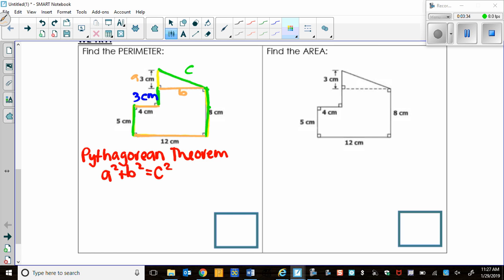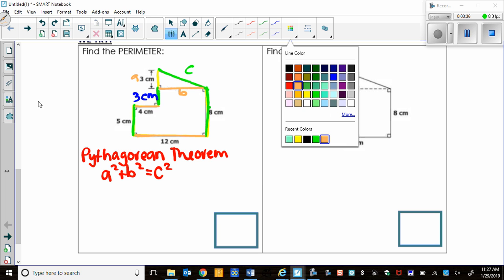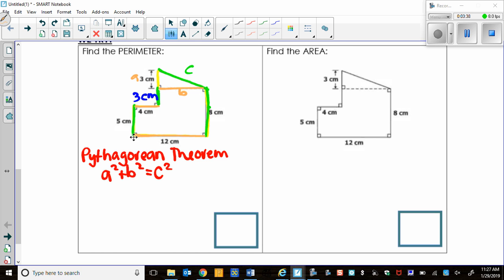If this entire thing is 12 centimeters, and this is 4 centimeters, then if I go straight down, this entire length right here is 4 centimeters. Let me make a note of that, 4 centimeters. And then this chunk right here would be 8, because 12 minus 4 gives me 8 centimeters.